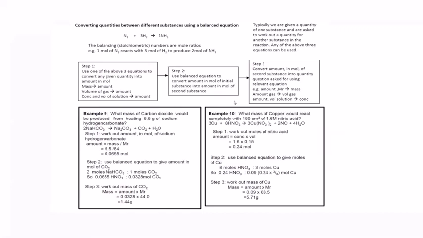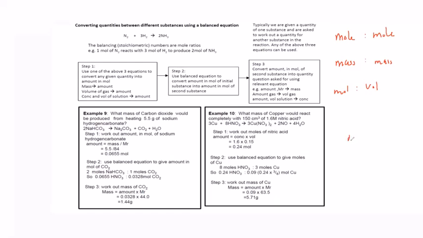Then, converting the quantities between different substances using a balanced equation. For an equation we can take a moles to moles ratio, we can take a mass ratio, or we can take a moles to volume ratio, that is, moles of a gas and volume of a gas.